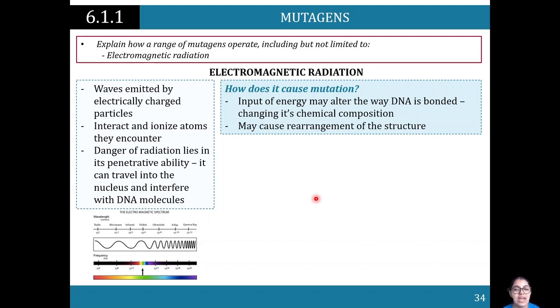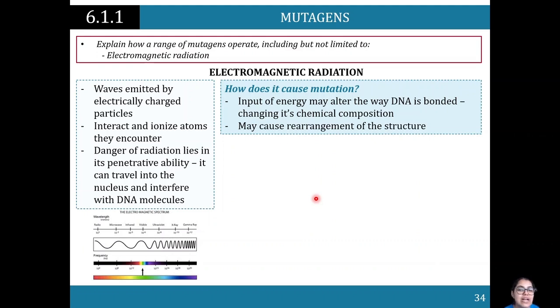They interact with and ionize atoms that they encounter, and the danger of radiation lies in its penetrative ability. So electromagnetic radiations can penetrate quite deeply, and they can travel into the nucleus, and they can adhere to DNA molecules, and they can lead to the creation of free radicals. So it's not very good at all.